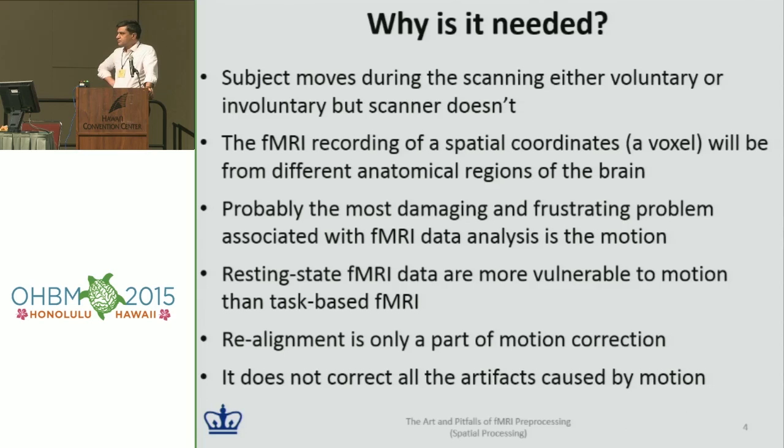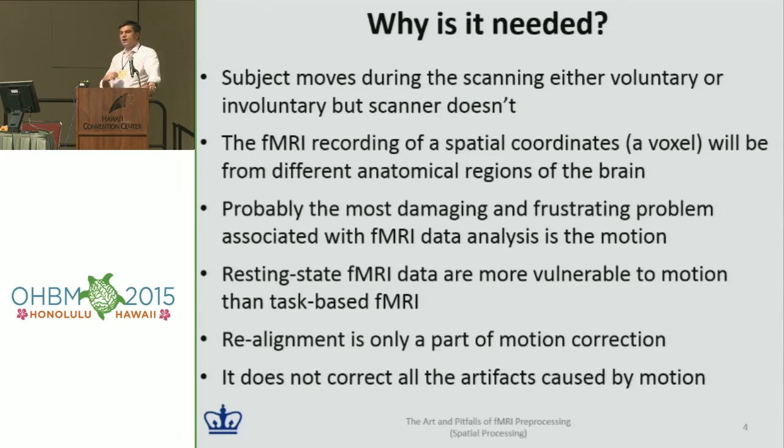And the other step, realignment, which I'm going to talk about, is not a motion correction. It is one part of a motion correction which corrects some specific types of motion, but it doesn't remove the effect of motion from your data. After realignment, you still may have lots of motion artifact in your data.